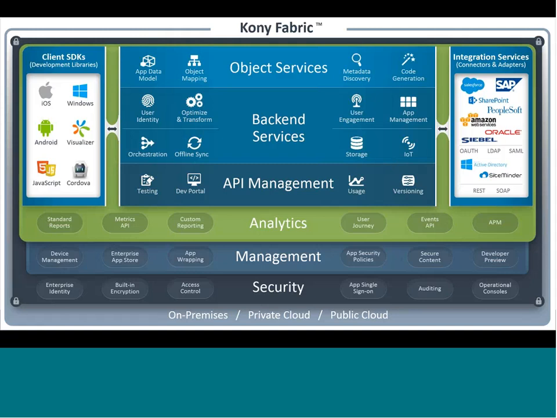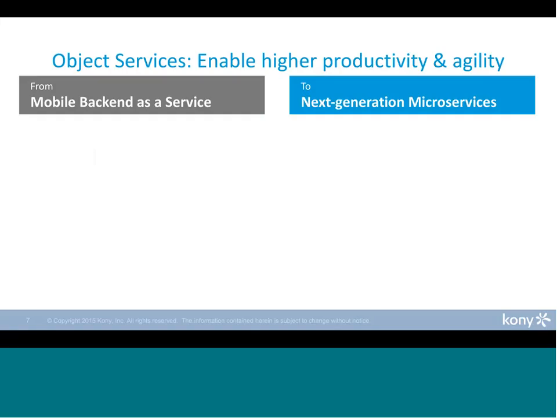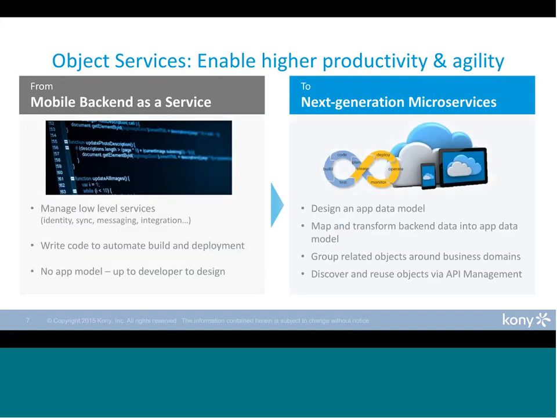And what we have also added in Fabric is called object services. So object services is basically taking your mobile backend as a service to the next generation of microservices. In a mobile backend as a service, you are writing low-level services and you're writing your code to automate build and stuff.